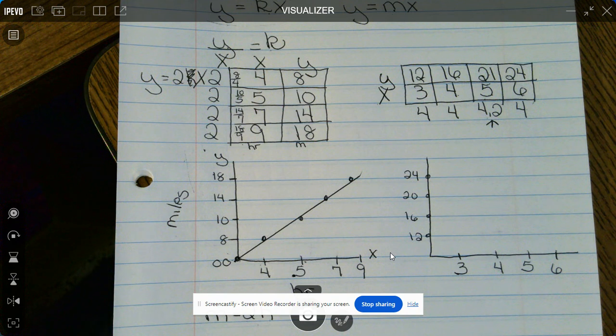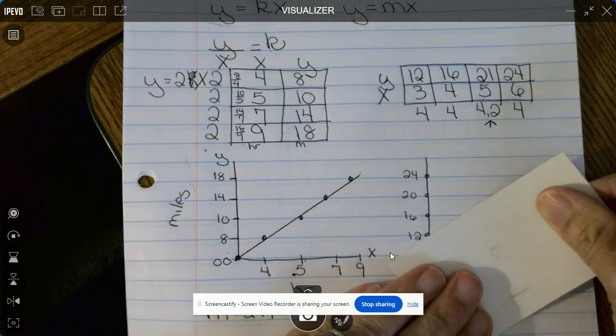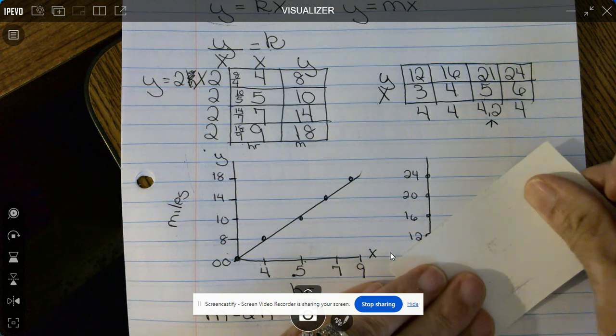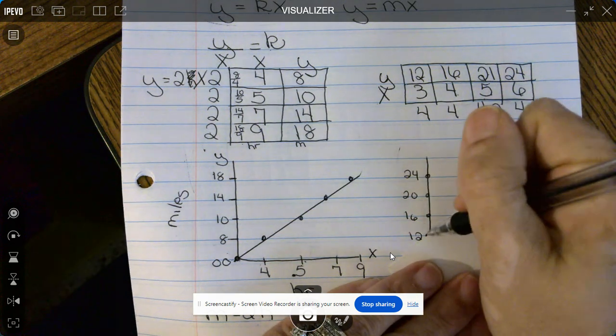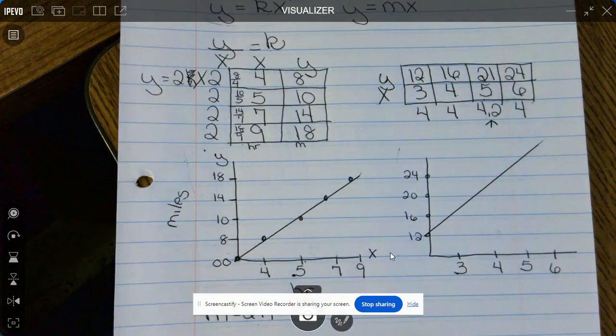So let's take a look at when I draw this line. For 7th grade purposes, is this proportional?